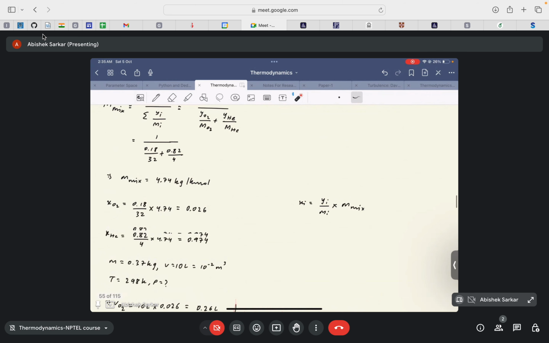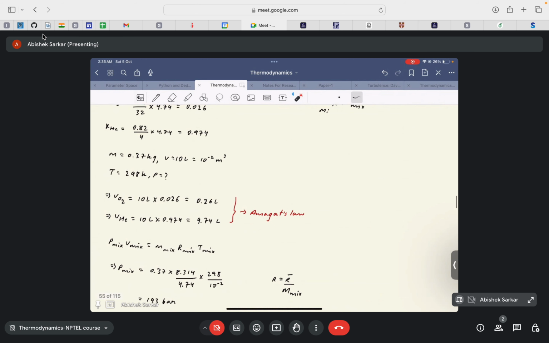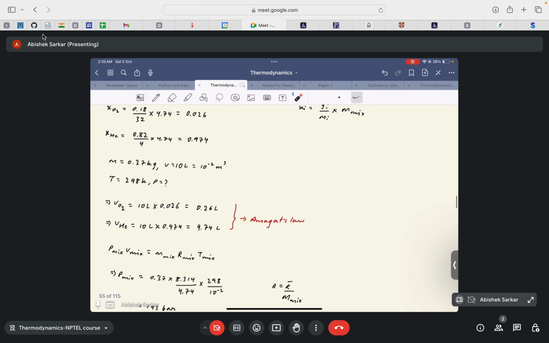So using Amagat's law, we can find that VO2 is proportional to the mole fraction of this gas component. So VO2 will be equal to 0.026 times 10 liter, or 10 to the minus 2 meter cube. You can keep it in any units you want, because they just ask for the value and we are not going to use it any further.